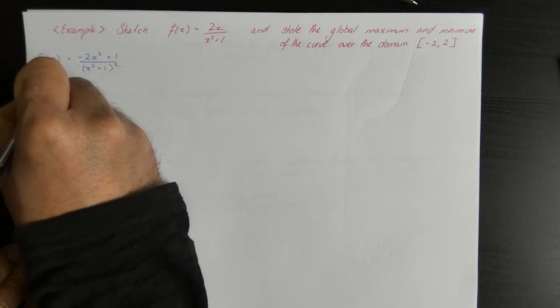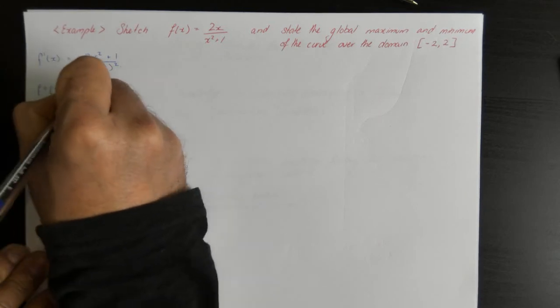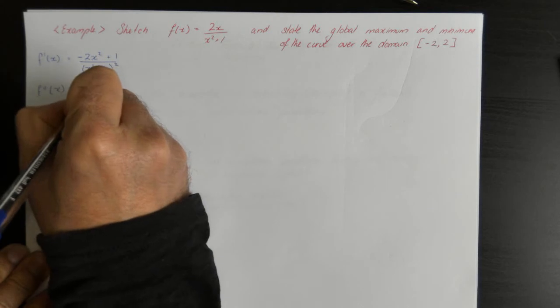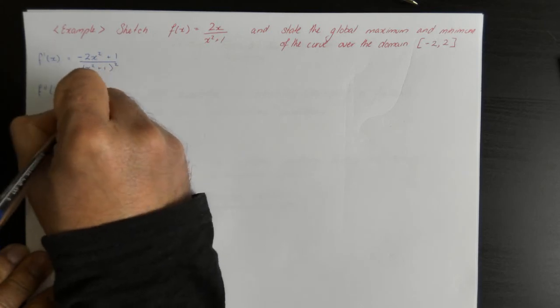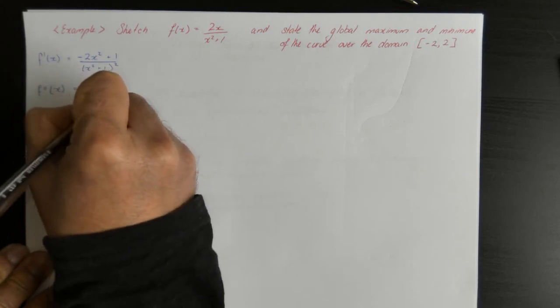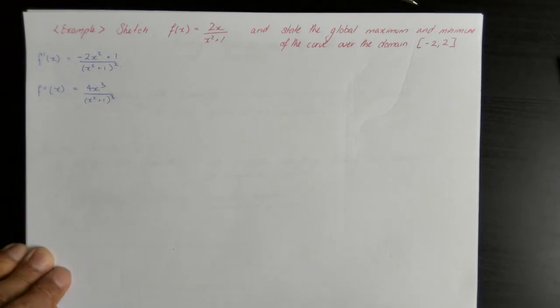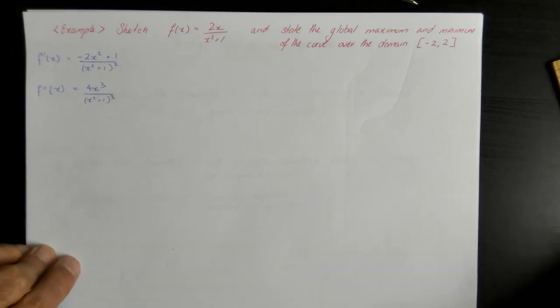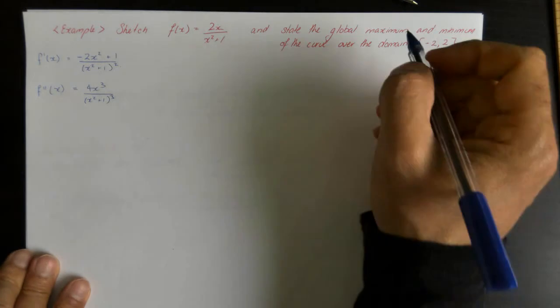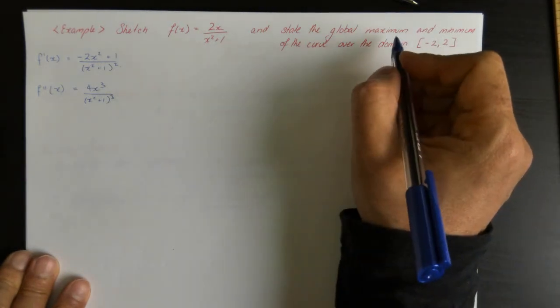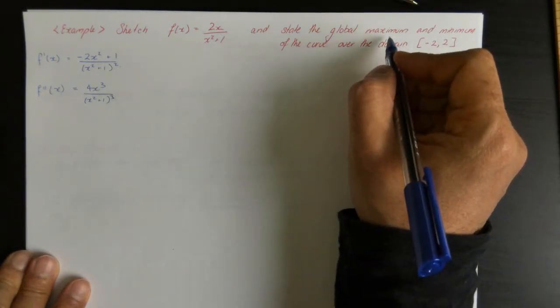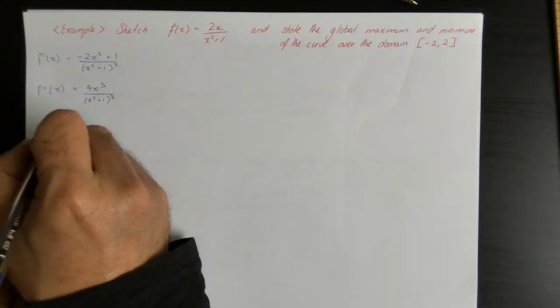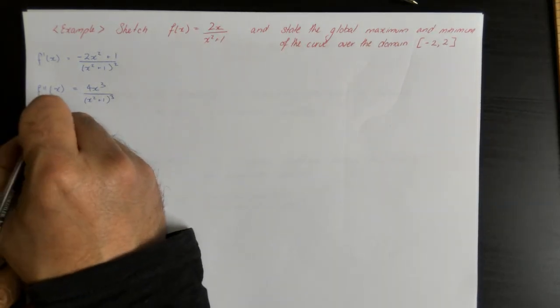And the second derivative ended up being 4x cubed over x squared plus 1 to the power of 3. Alright, some important values we're going to find out.